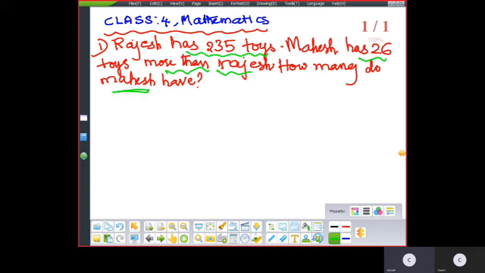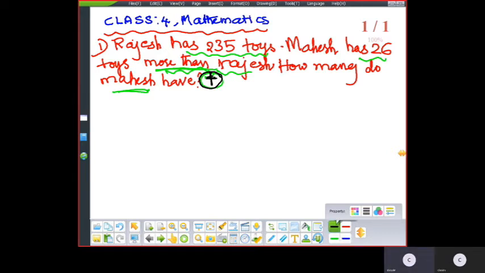So whenever this "more than" comes over, what will you do? Subtraction. Okay, children? Sorry, children. The "more than" keyword is addition.